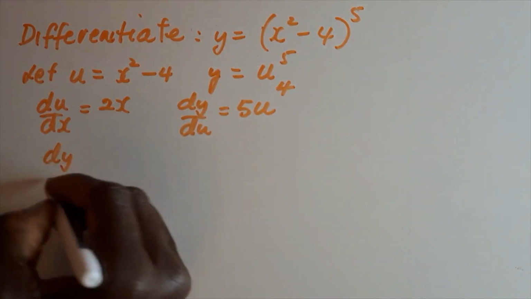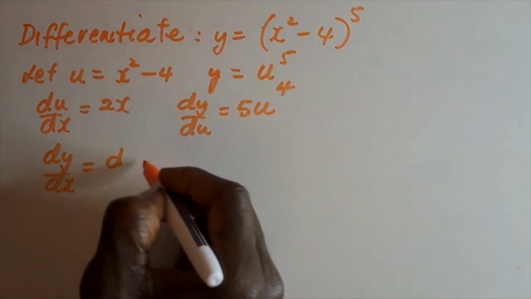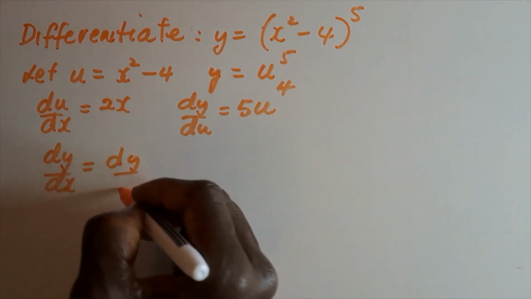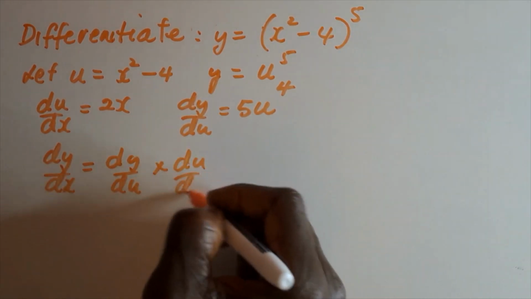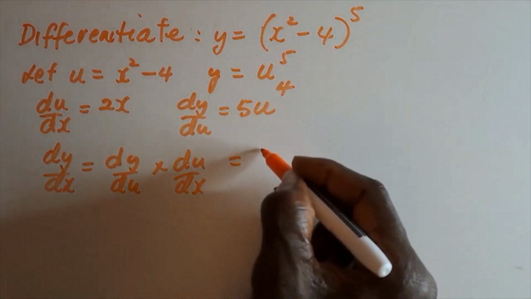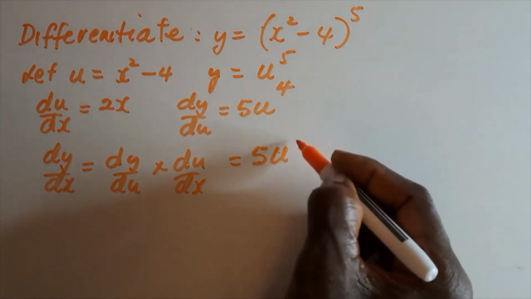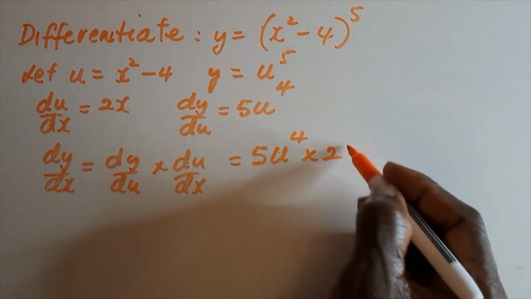So dy dx is equal to dy du times du dx. dy du is 5u raised to the 4th power, and we're multiplying this by 2x.